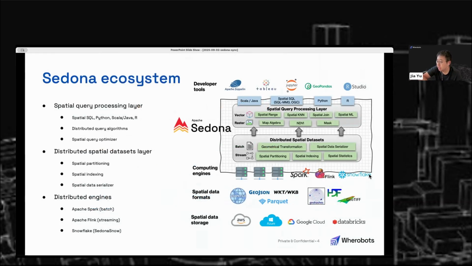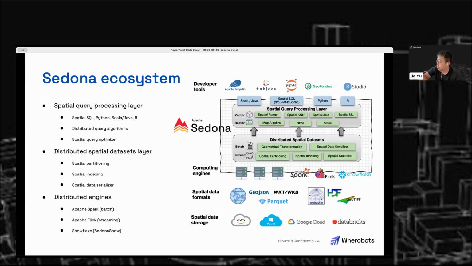Here is a diagram of the Sedona ecosystem. As you can see on the right, Sedona has mainly three layers: the spatial query processing layer, the spatial dataset layer, and the distributed engine layer.